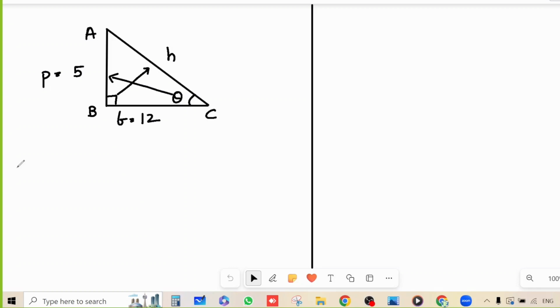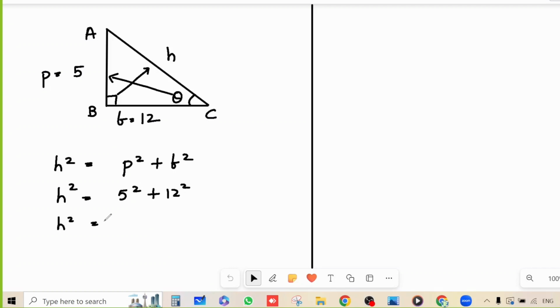Now in this figure we do not have the value of hypotenuse, but we can find it out using the Pythagoras theorem. So according to Pythagoras theorem, the value of h square is equal to perpendicular square plus base square. So we will put the values here. This will become 5 square plus 12 square.